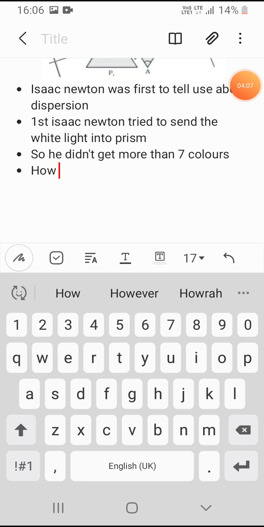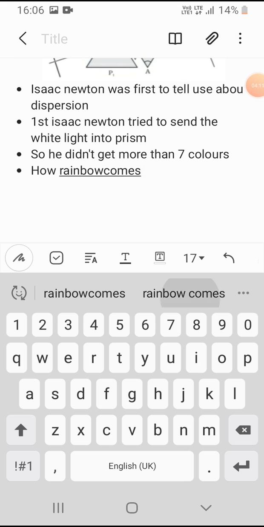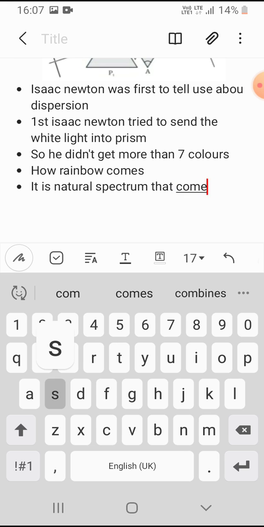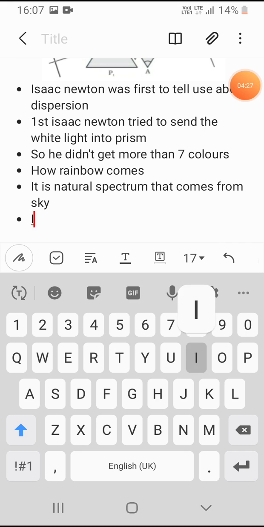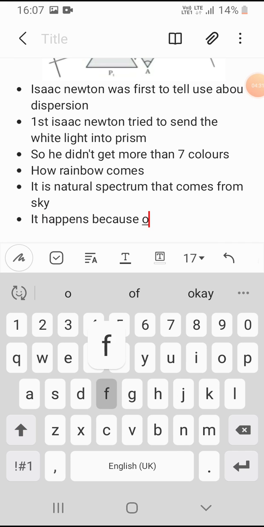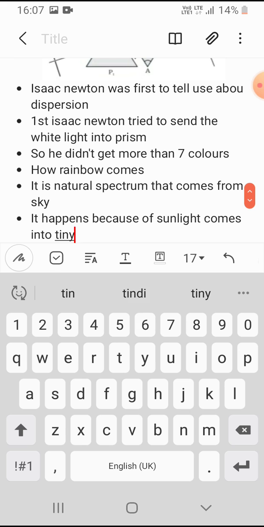How does a rainbow come? It is a natural spectrum that comes from the sky. It happens because sunlight comes into tiny water droplets.